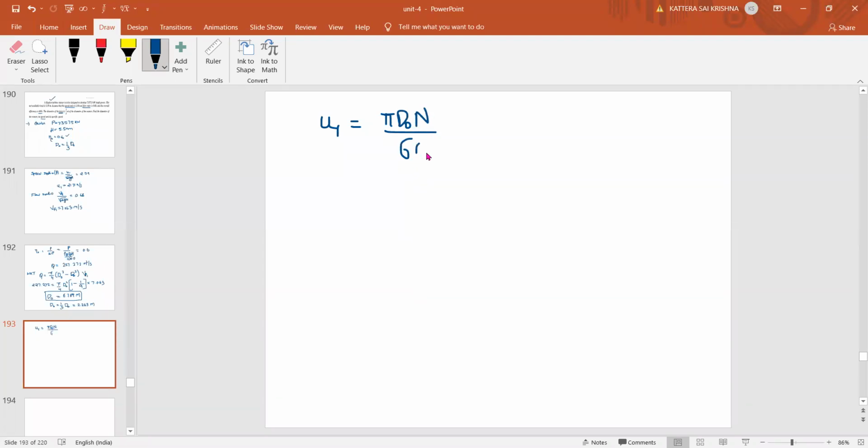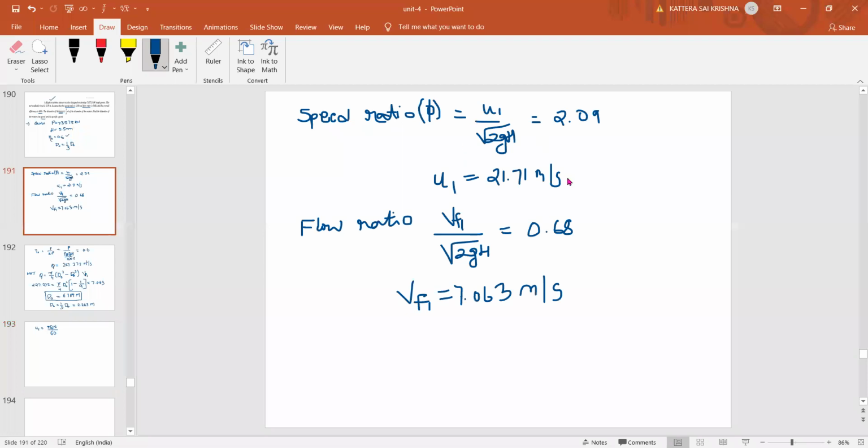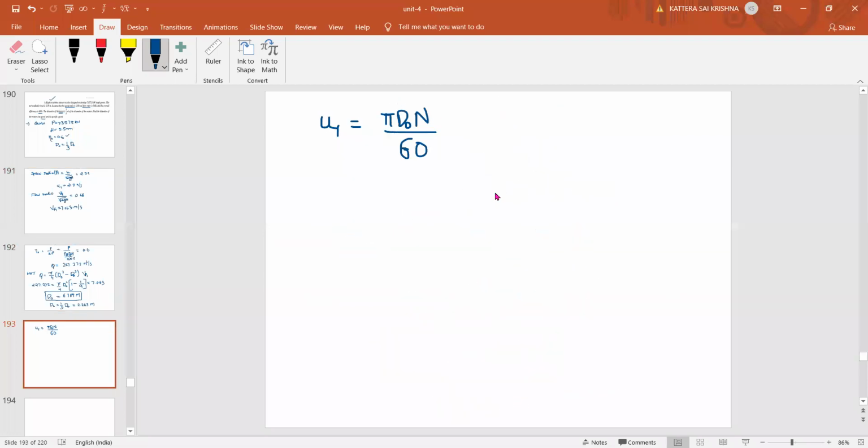We have the U1 value as well as the D naught value. D naught was just calculated as 6.789 and U we already used as 21.71. Substitute both values to find the speed of the turbine.